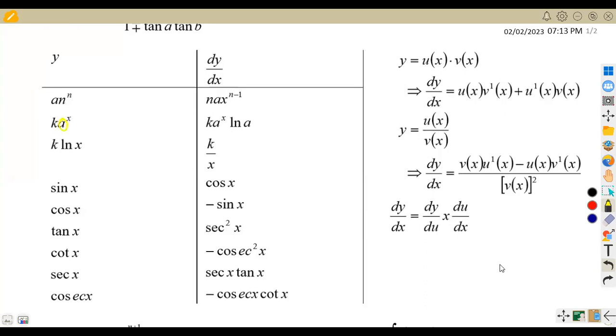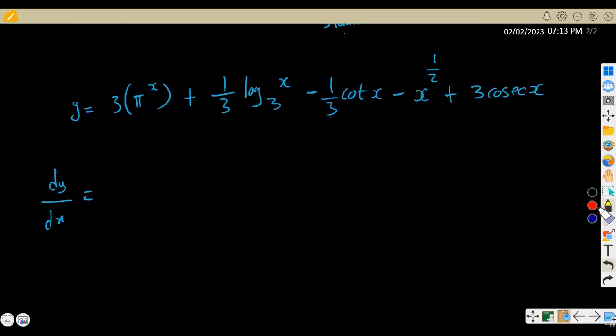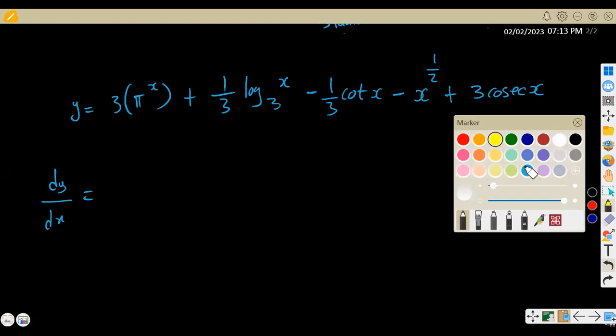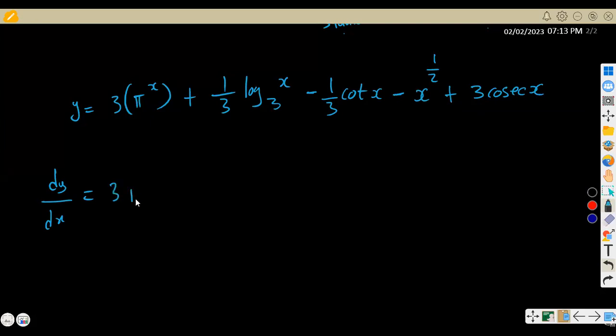So in this case, our k being the constant is 3. Then we've got pi to the exponent of x as it is, but we are going to have an ln affecting our a. Our a in this case is pi. So this is going to be ln pi like that.